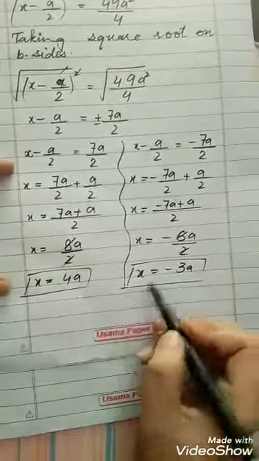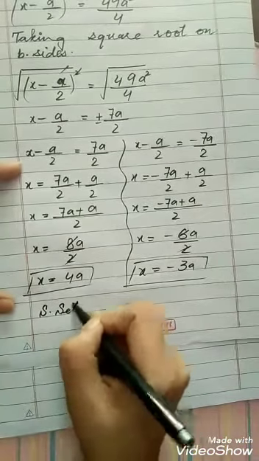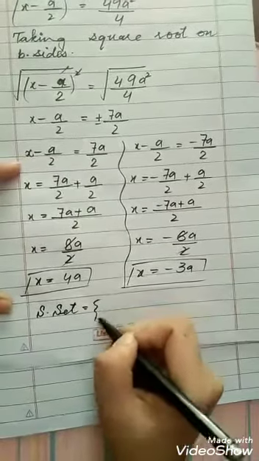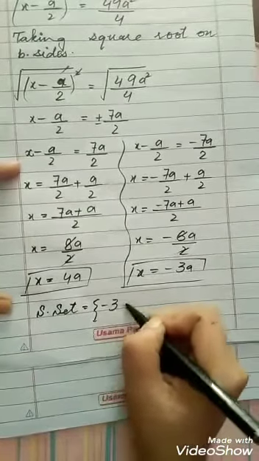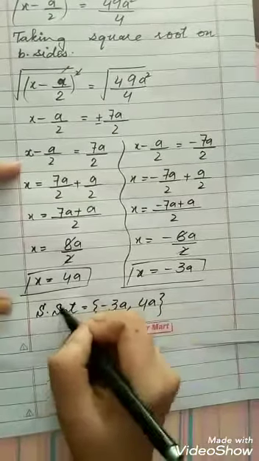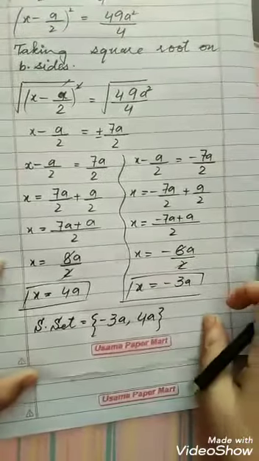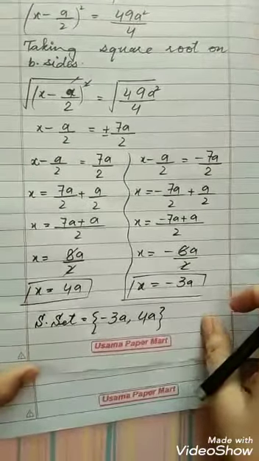So these are the two values of x, which means our solution set is minus 3a and 4a. It is our solution set of part 10, question number 3, exercise number 1.1.